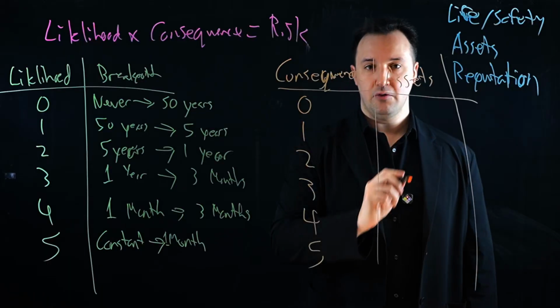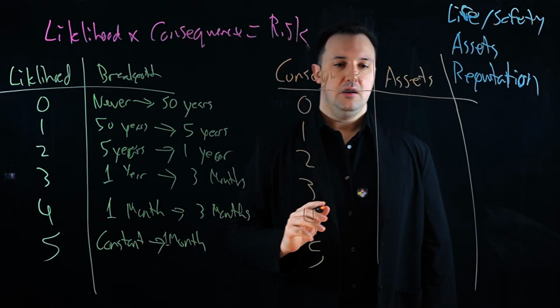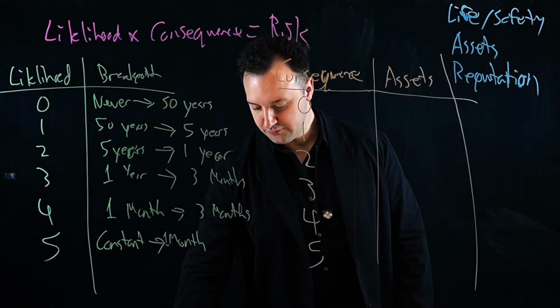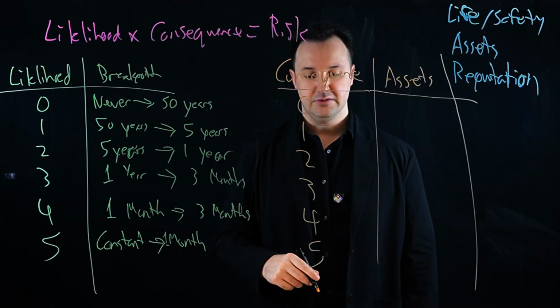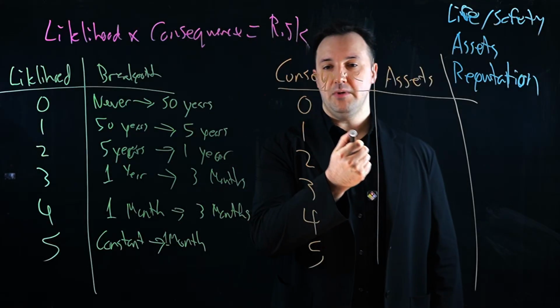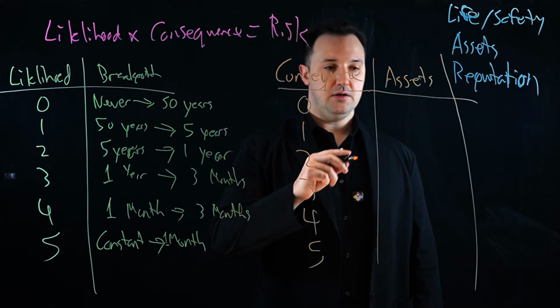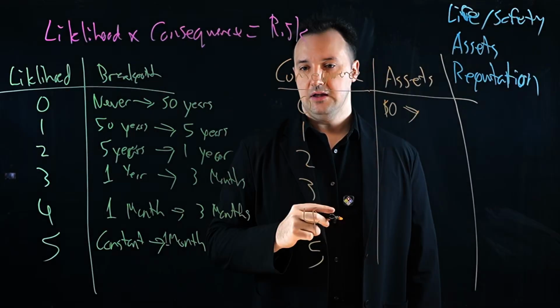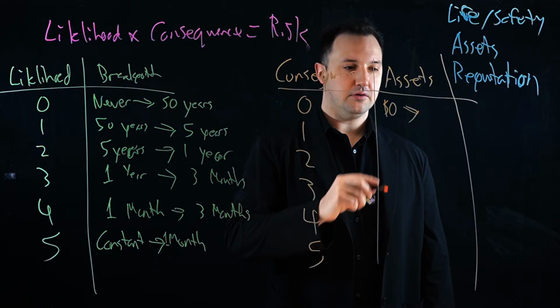We could say that a 0, for example, might be, and I'm going to do these back and forth here because I think it's going to be easier. So I'll use different colors as we go through so you can see this easier on the board. So we might say that a 0 could be $0 to, let's say, $1,000.